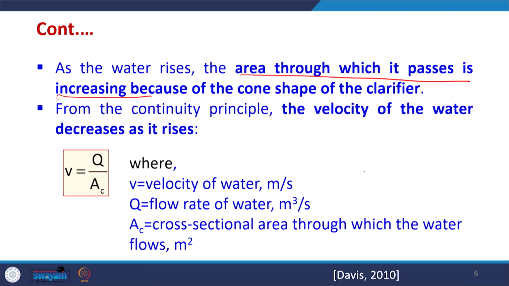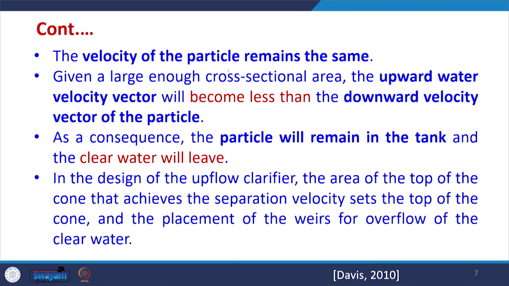From the continuity principle, the velocity of water decreases as it rises, using this equation, where V is the velocity of water, Q is the flow rate of water, and AC is the cross sectional area through which the water is flowing. Now, the settling velocity of the particle remains the same.